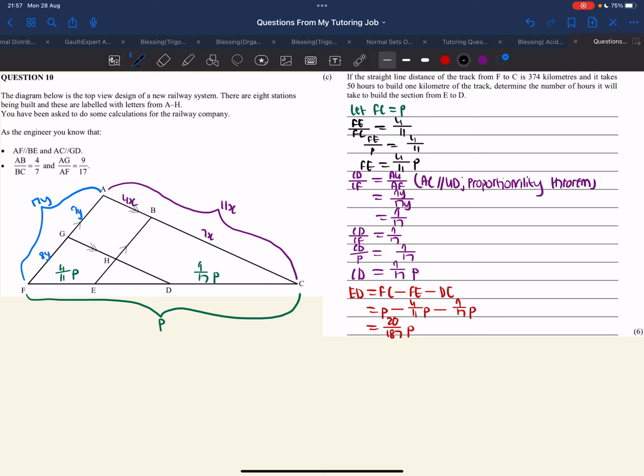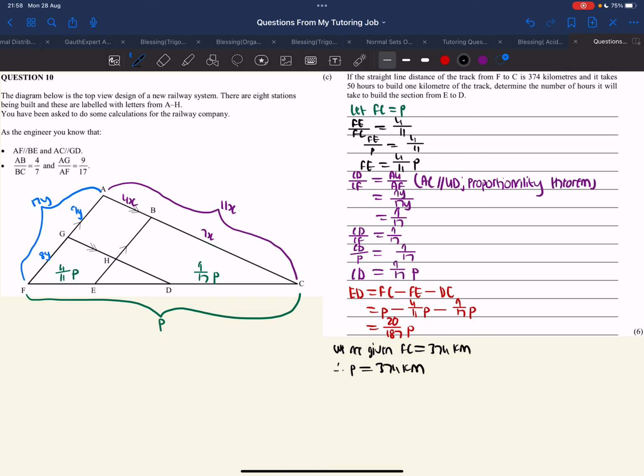Right, now remember, in the question we are given that FC equals 347 kilometers. Therefore, P is actually equal to 374 kilometers, right?